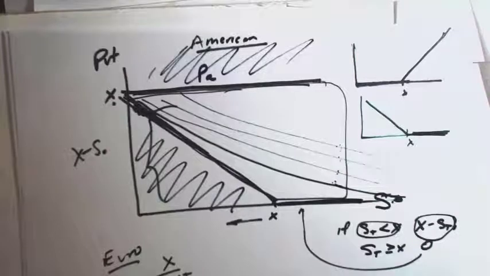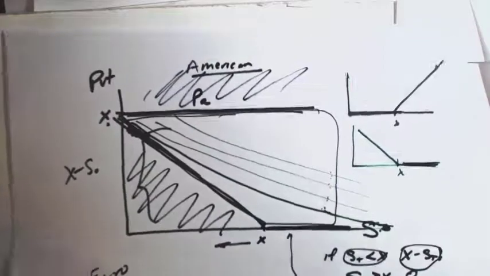So what I'm alluding to, oops, dropped my pen. What I'm alluding to is the concepts of put value, intrinsic value, pure time value, and insurance value applied to puts. Yes, the concept that we saw with calls.